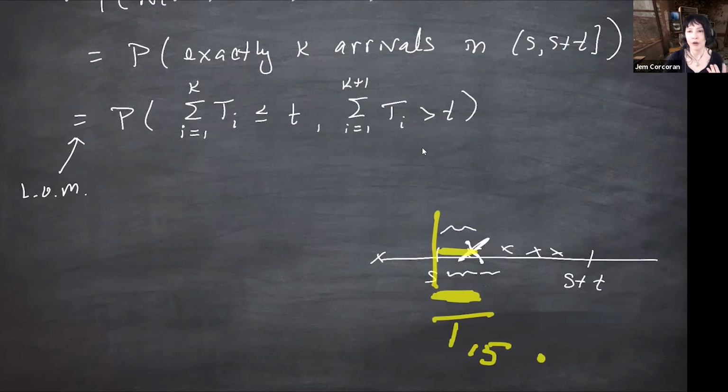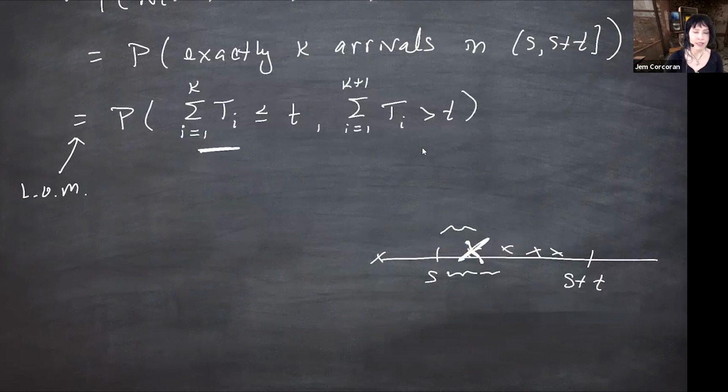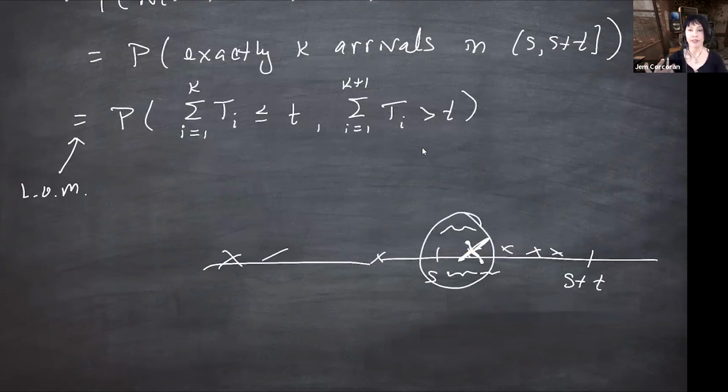I don't know exactly where we are, but it's another exponential, and the next interarrival time is another exponential, and the next one as well. So you might have noticed that I'm using T_1 and T_2 when really those happened way back. Again, I used lack of memory to not worry about when we start looking at the process at time s that we interrupted something. And I also used it for easier notation, so I didn't have to say i equals 15 or whatever it is.